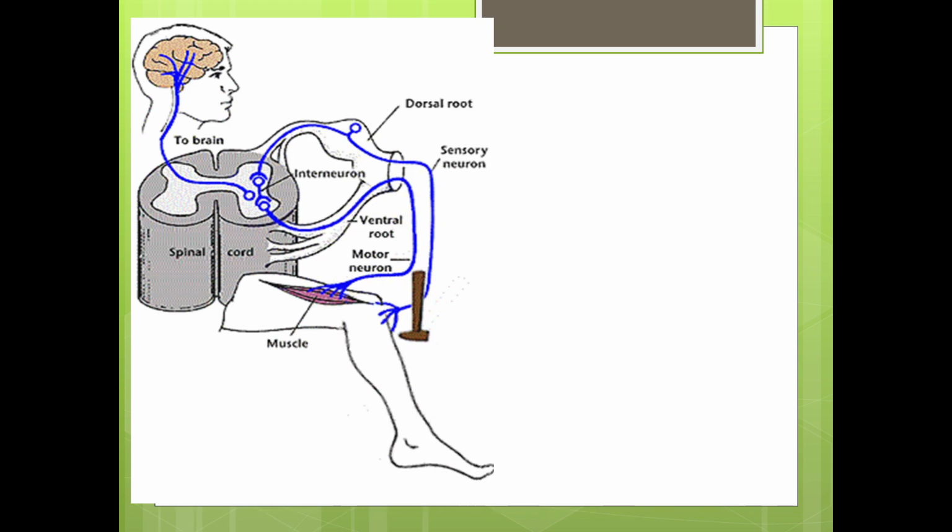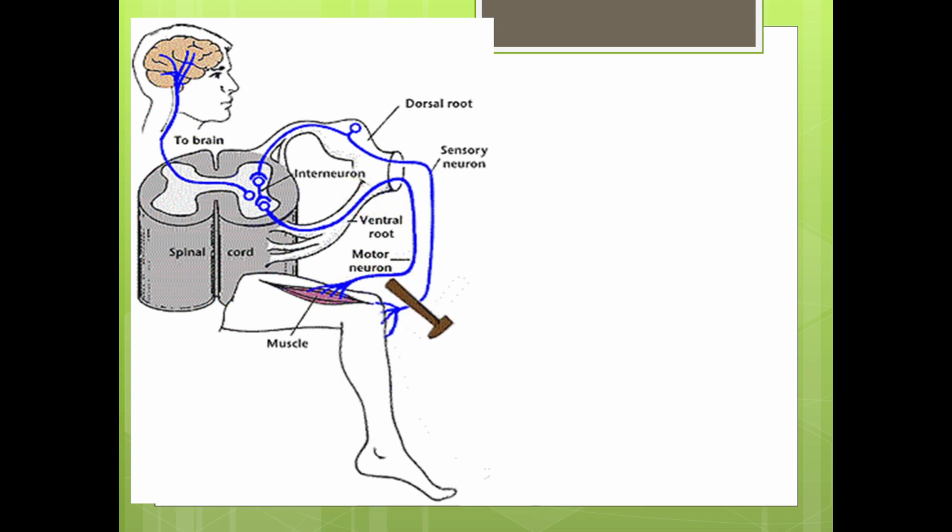Some of the reflex actions are controlled by the spinal cord. We call them spinal reflexes or spinal reflex actions. And some of the reflex actions are controlled by your brain. When something comes into your eye, you close your eyelid without your knowledge.